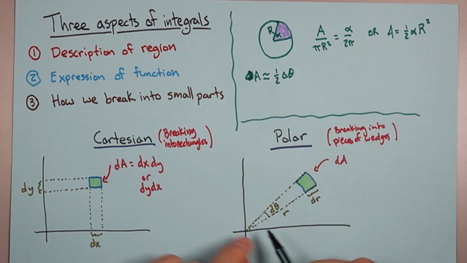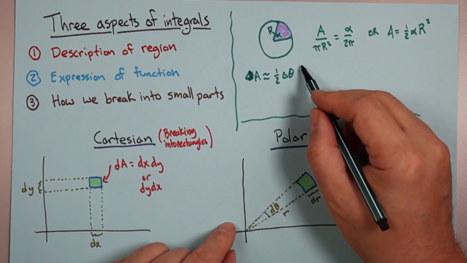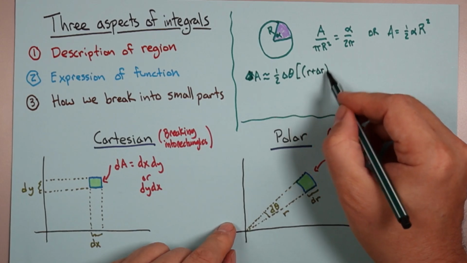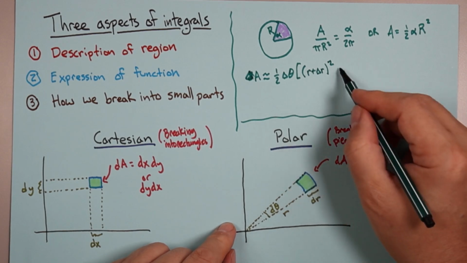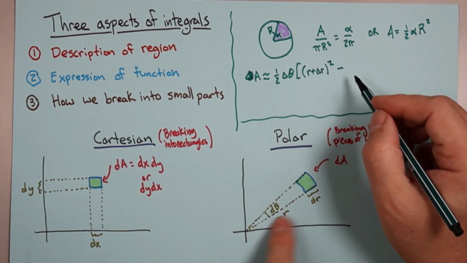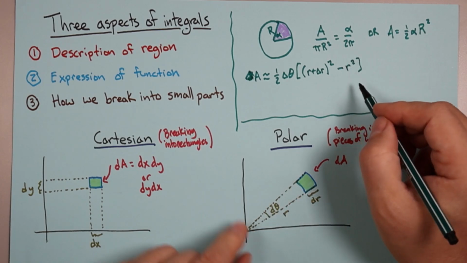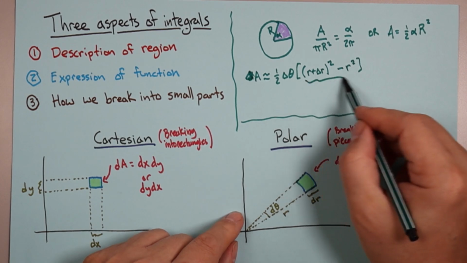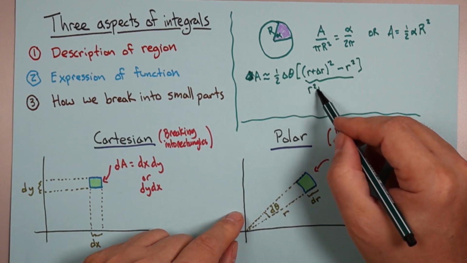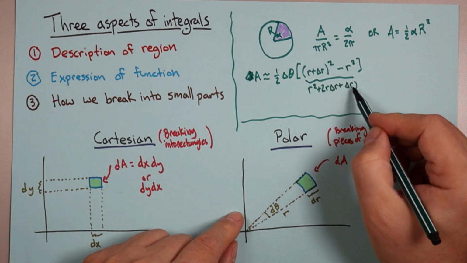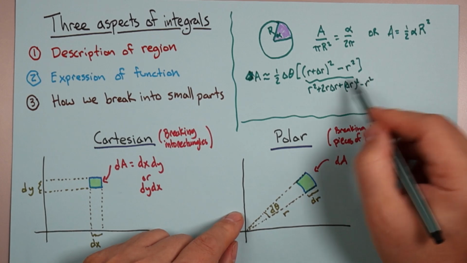And then let's find the whole wedge. And so that would be our r plus delta r squared. Subtract off this smaller part, r squared. Well, if you do a little bit of expanding here, that's r squared plus 2r delta r plus delta r squared minus r squared.